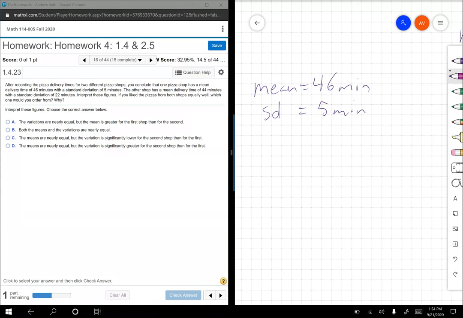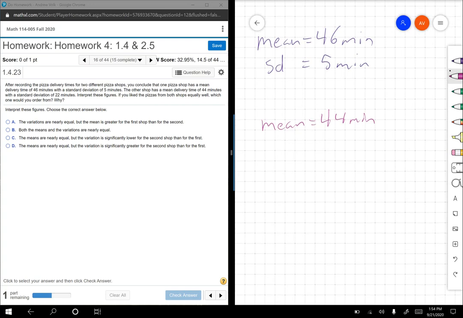The other shop has a mean delivery time of pretty close, but a little bit faster, 44 minutes. But they're much less predictable. Their standard deviation is 22 minutes. So you see that they both get you the pizza in about the same amount of time, but this one has more variation.